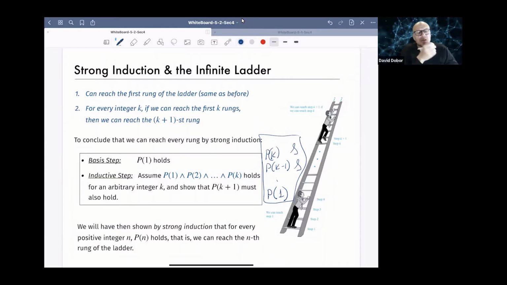In all of the previous examples, in the inductive step, we wanted to prove the implication that P of k implies P of k plus 1. In this version of induction, which is, by the way, equivalent to our previous version, you get to assume that not only P of k is true, but also that P of 1 is true, P of 2 is true, P of 3 is true, and P of k is true.